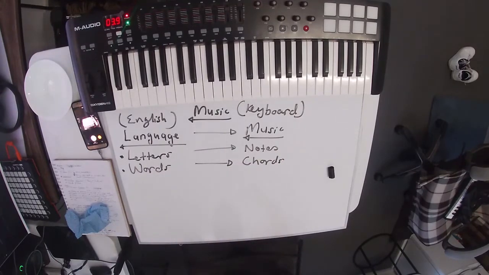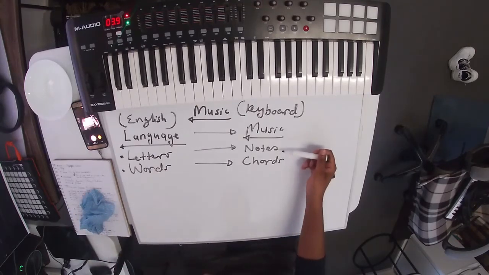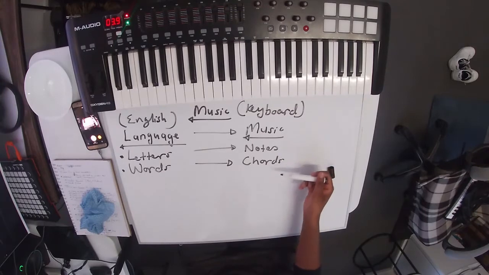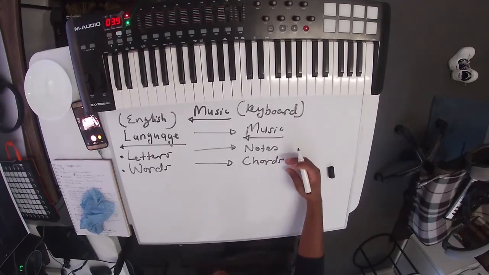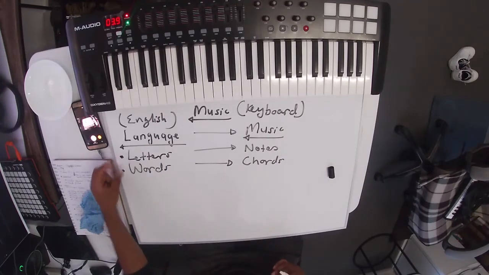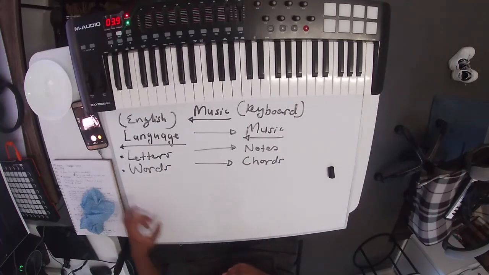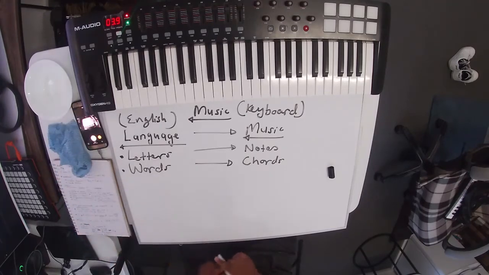Chords can be thought of as a combination of notes. So the first thing we'll look at in this course are notes, and then we look at chords, because these notes and the rules around these notes will enable us to build these chords, in the same way as the letters and the rules around the letters allow us to build words.